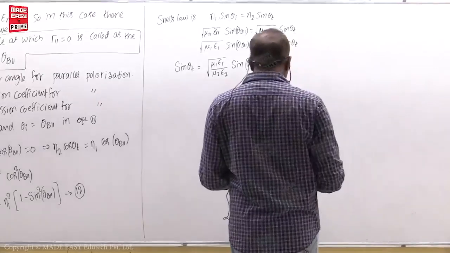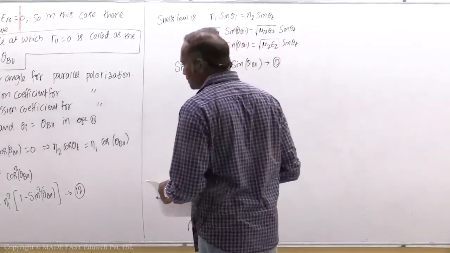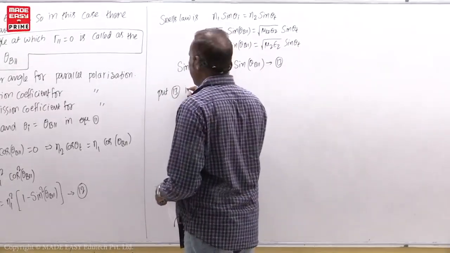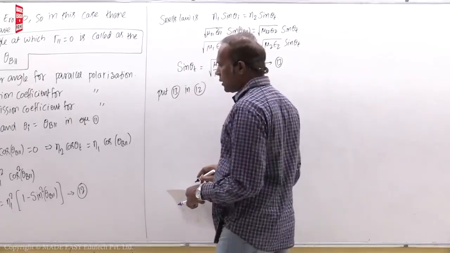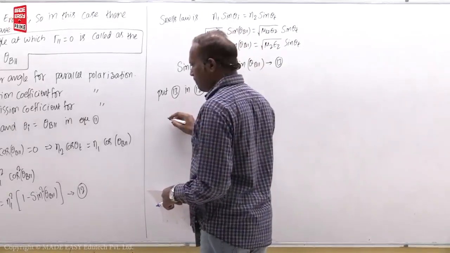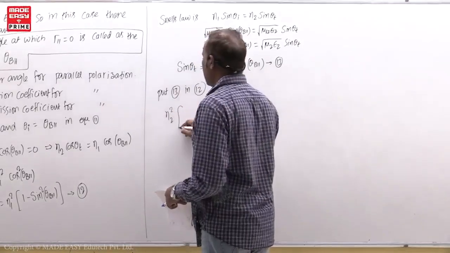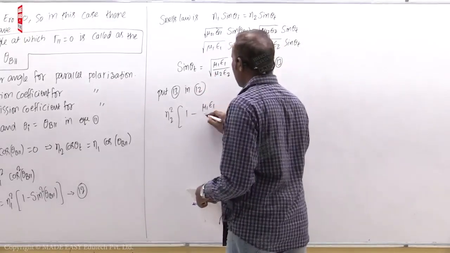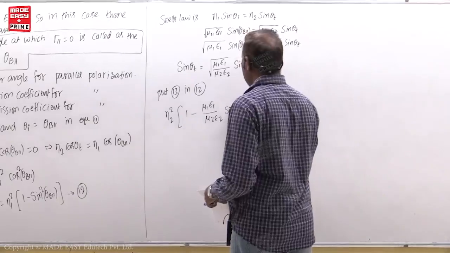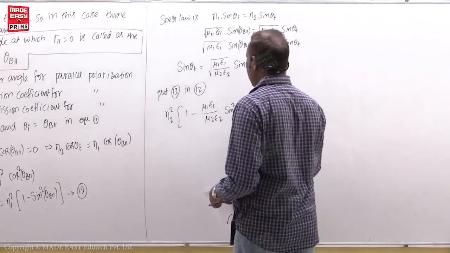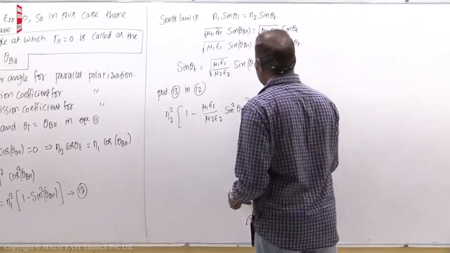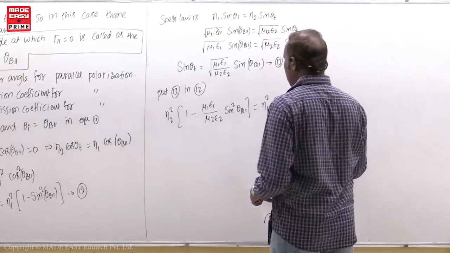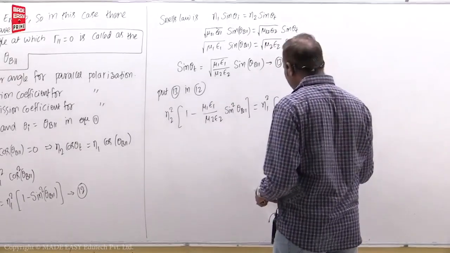Now you substitute this equation 13 in equation number 12, then you get that side. So eta 2 square 1 minus of sin theta t, this one whole square you have to do. So mu 1 epsilon 1 by mu 2 epsilon 2 sin square theta B parallel is equal to eta 1 square 1 minus sin square theta B parallel.